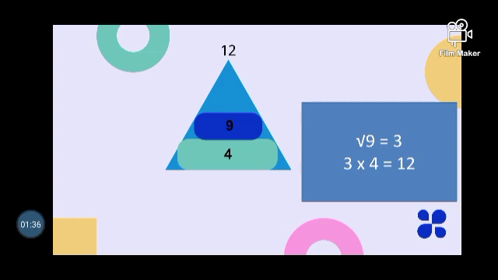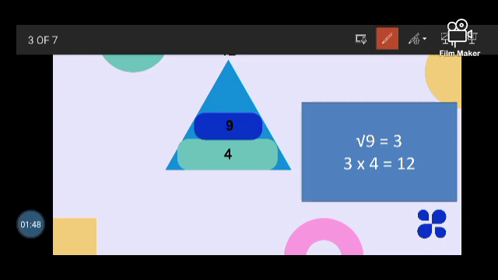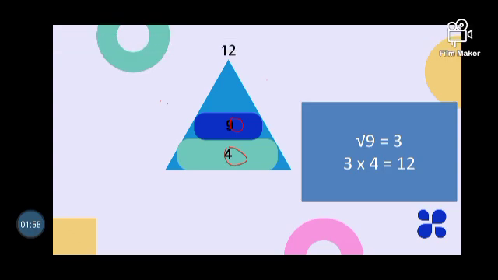So square root of 9 is 3, times 4 equals 12. So simply square root of this times this equals the 12 we have there, right? Good.